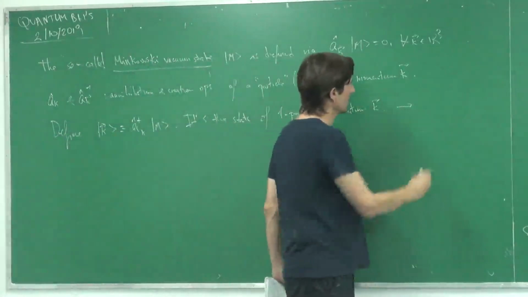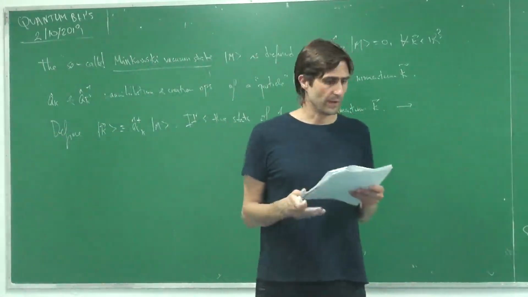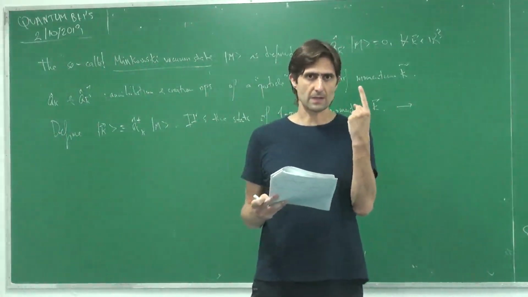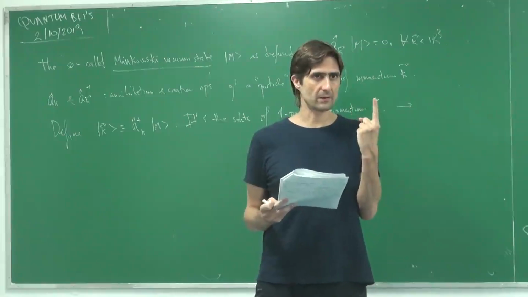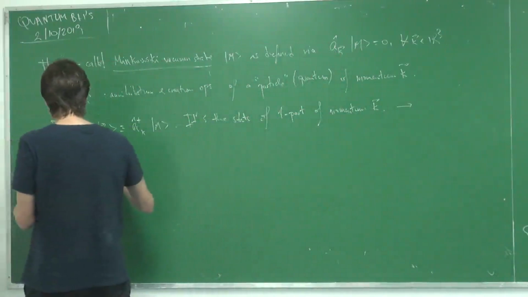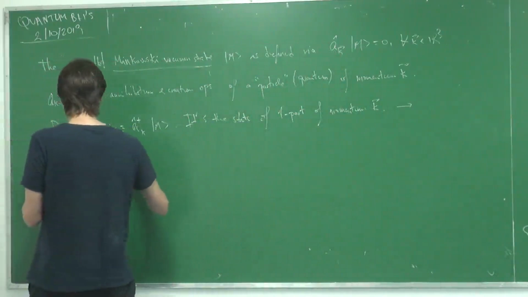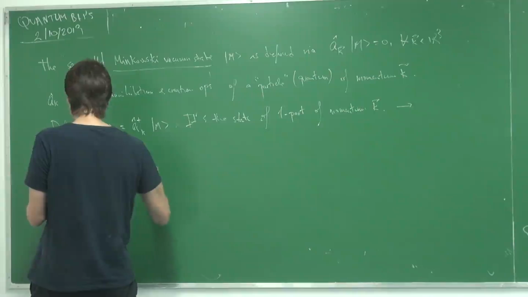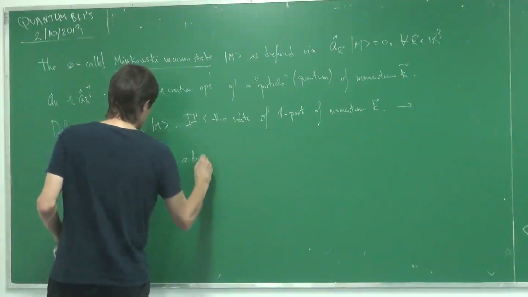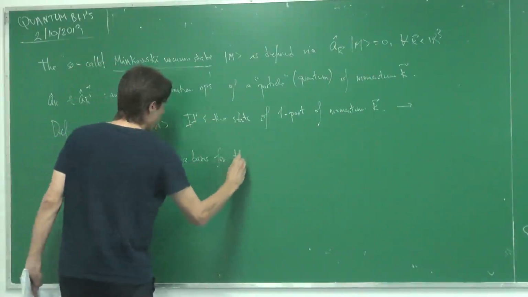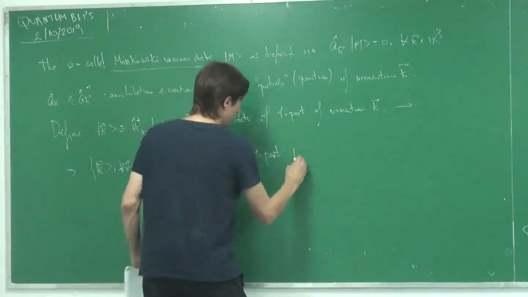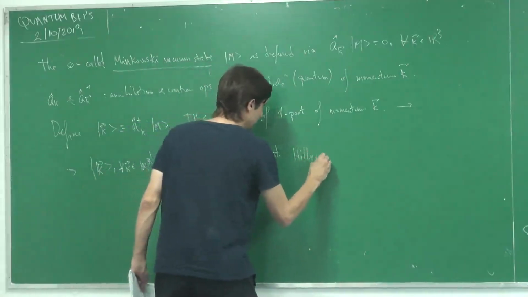And so for different k's we have a space of one particle states. You can put together all these one particle states with different momentum. This is the basis for the one particle Hilbert space.